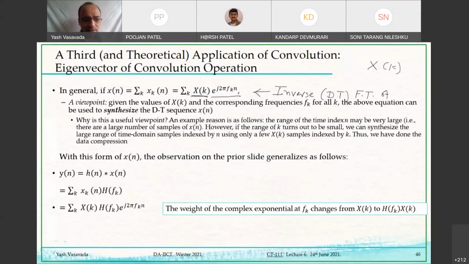So what happens is that the weight of this complex exponential at the input x of n was x of k. And we have called this x of k to be, what did we call x of k? If x of n, as I have written here, is obtained by synthesizing these complex exponentials weighted by x of k, then it means that x of n is the inverse discrete Fourier transform of capital X of k.